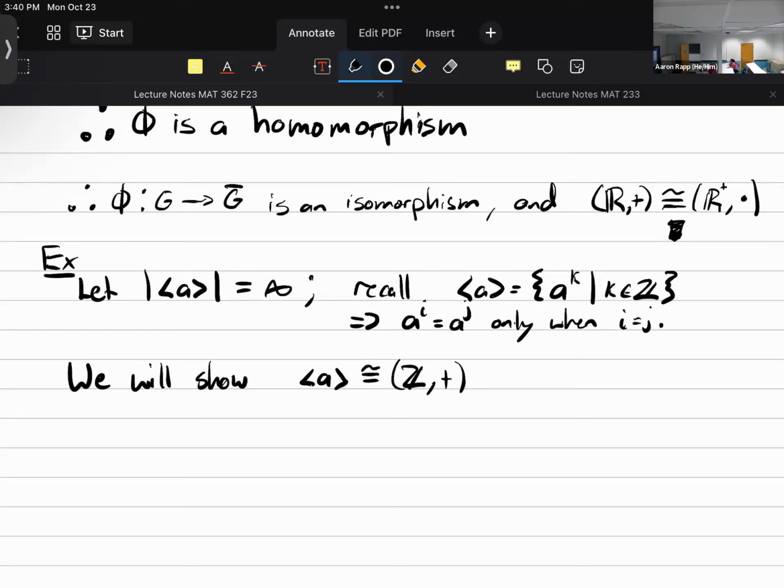So I need to come up with an isomorphism between this cyclic group generated by A and the integers. So I need to define something. Anyone have an idea of what we might be able to do?